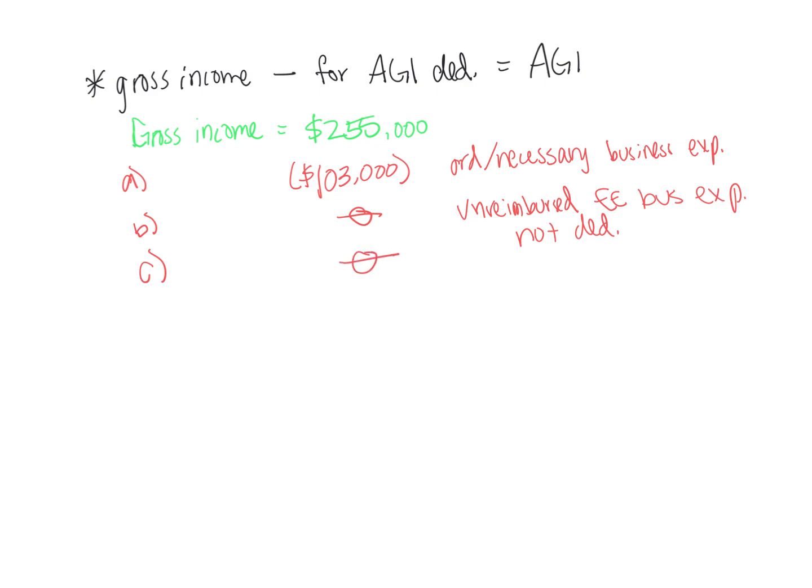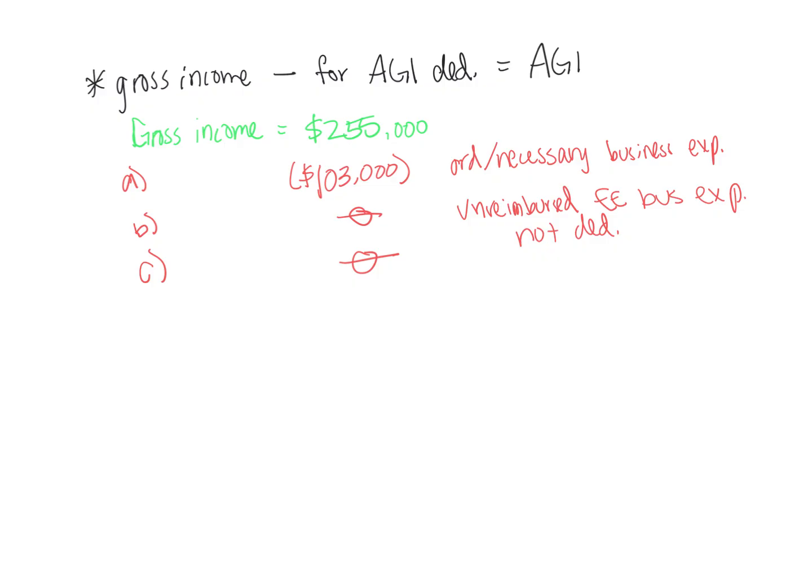The reason why is because, first, the $500 of real property taxes that were paid are deductible from AGI, not for AGI.